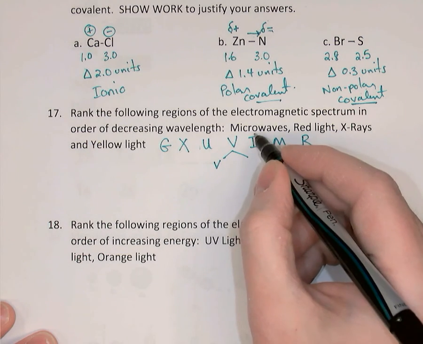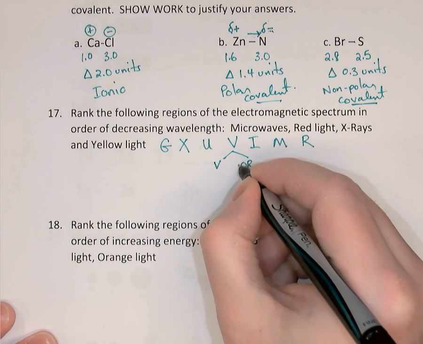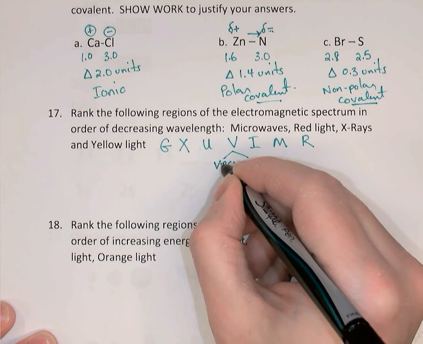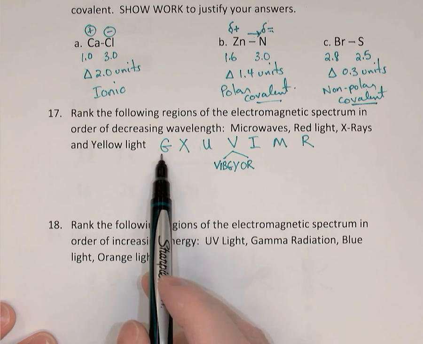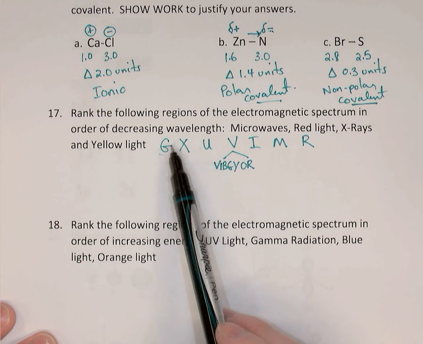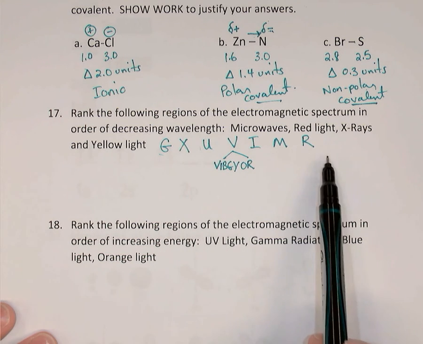This was infrared, so this is the red part of the rainbow. And there's your orange, yellow, green, blue, indigo, and violet. Roy G. Biv. Now, however you memorize this, you need to have that memorized in terms of gamma rays, X-rays, ultraviolet, etc., in this order.